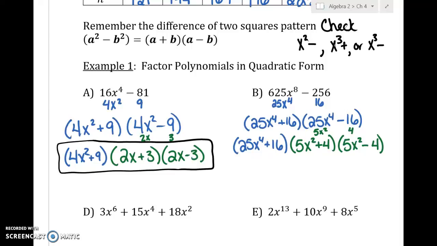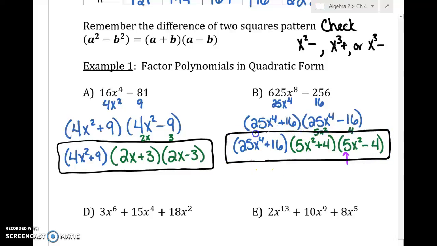All right, 5x squared plus 4, that one's done. 5x squared minus 4, can we factor that one more? The x squared minus 4 looks like we might be able to, but is 5 a perfect square? No, so that one is done. It is not a perfect square minus a perfect square. It's just almost.